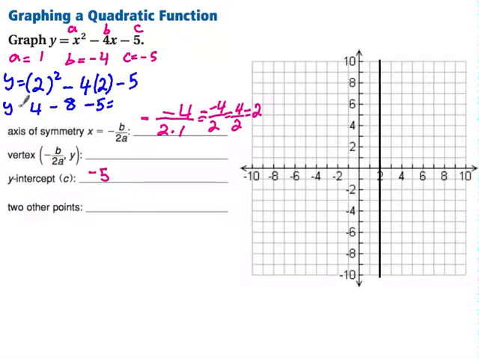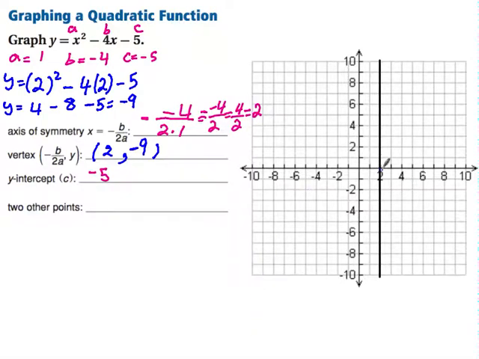And that's the value of y. Now 4 minus 8 is -4, -4 minus 5 is -9. So that's the value of y, y equals -9. So the vertex: x for the vertex is 2, and we just solved for y, and y equals negative 9.